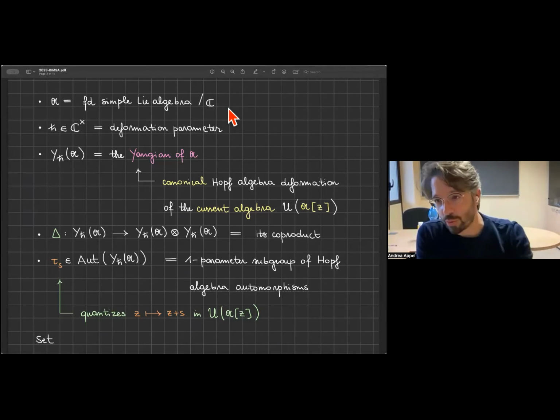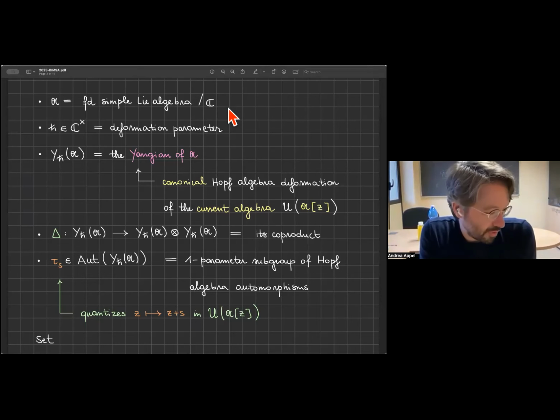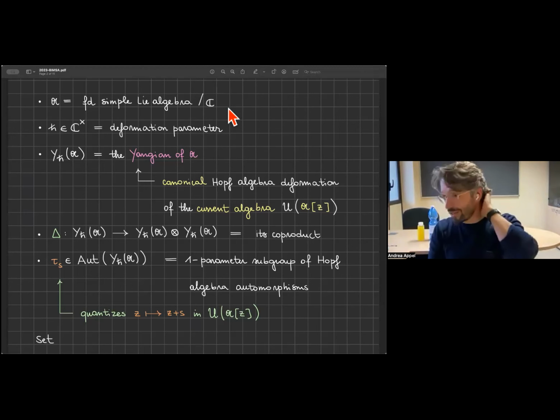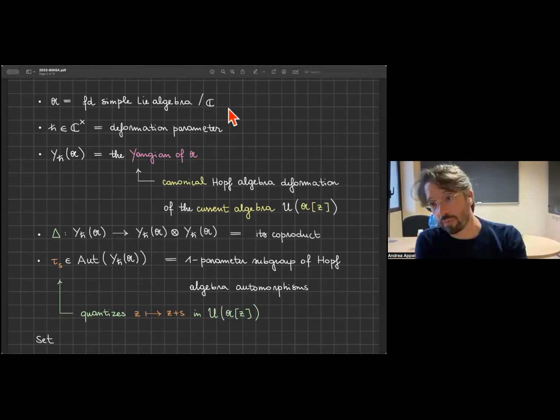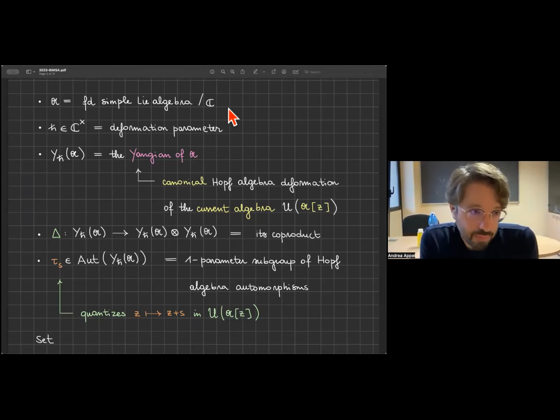The second part, which will be about the content of our results with Sachin and Curtis, which I forgot to mention at the beginning, is in fact valid only for numerical values. So this will be my setting from now on.